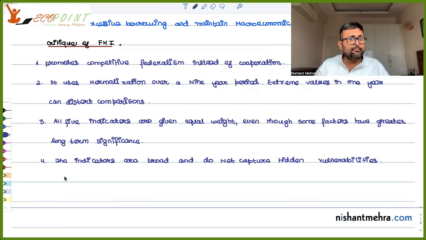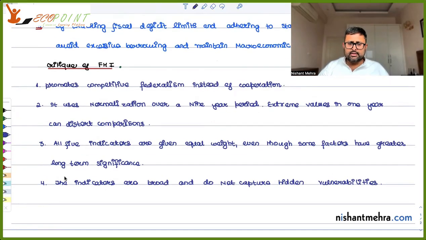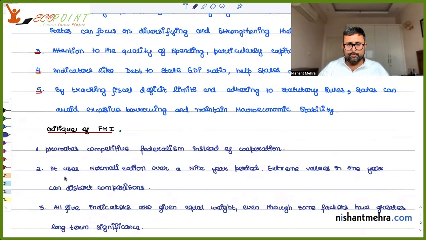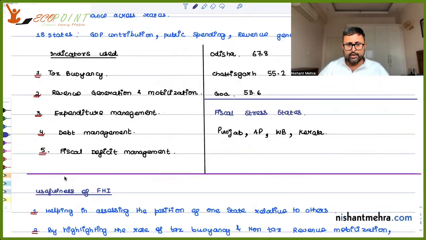Because if it had been, your health and education outcomes in Bihar would be better than Tamil Nadu. So it is not taking into account those hidden vulnerabilities. That is the problem, right? It is using very broad measures. So these are simple critiques of the fiscal health index. I hope it was useful to you.